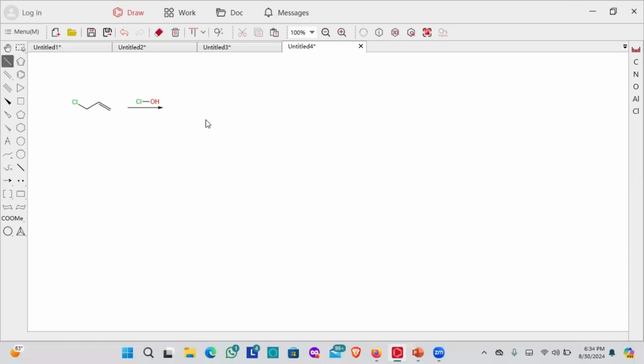Using the allyl chloride and hypochlorous acid, we're going to end up with this as the product, which is going to be 1,3-dichloropropanol and 1,2-dichloropropanol as well. We'll also end up having this as well. Let's show that.